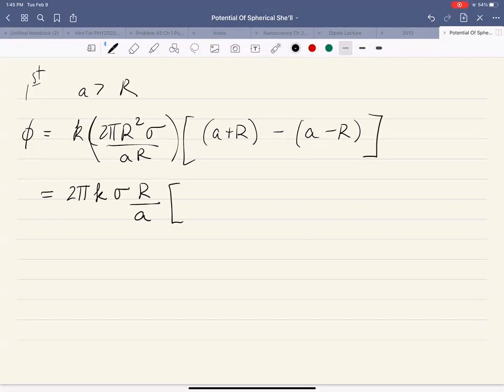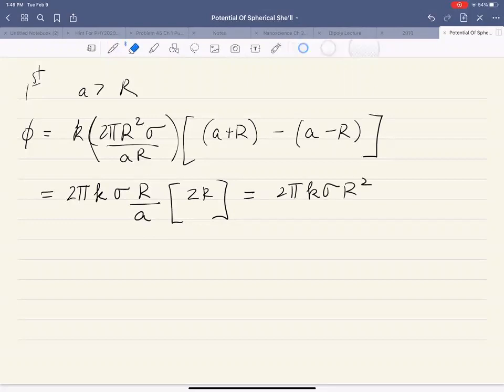The A's would cancel out, and that would leave 2R on the inside. Okay. So this gives us 2 pi K sigma R squared.